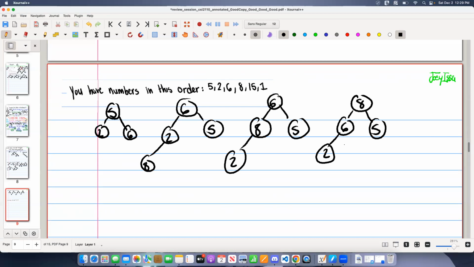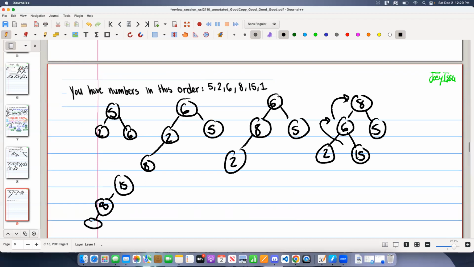So then you add the next value. You're going to be adding 15. Wow. So you have to do this again. You have to max heap and switch 15 with the places of 6, and then switch places with 8. So I'm just going to skip those 2 steps because I think you guys understand the process.